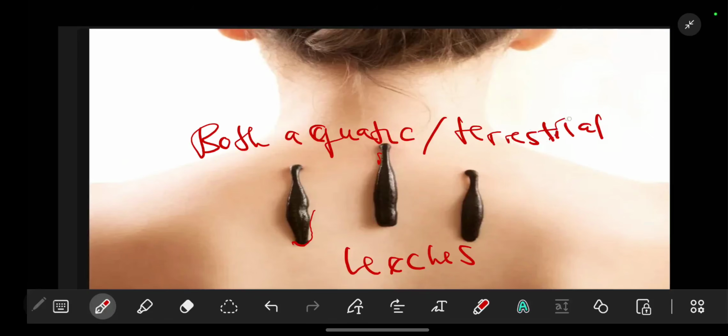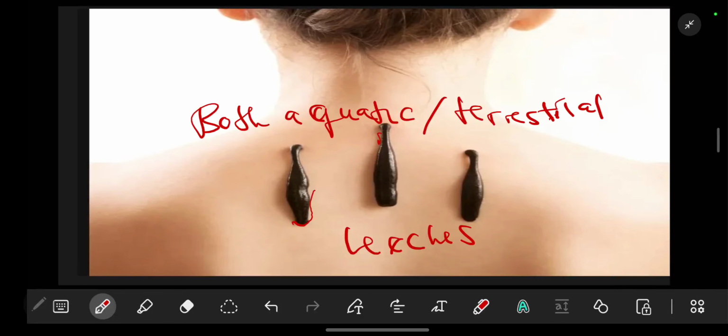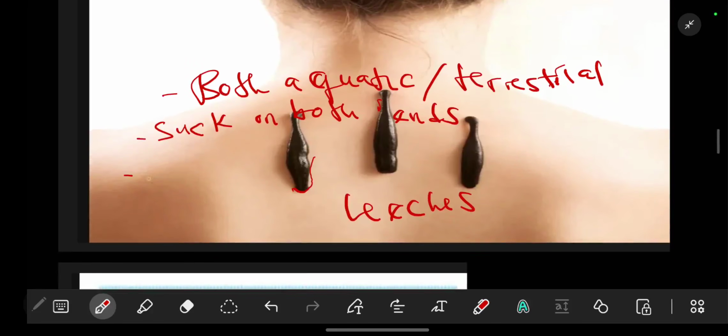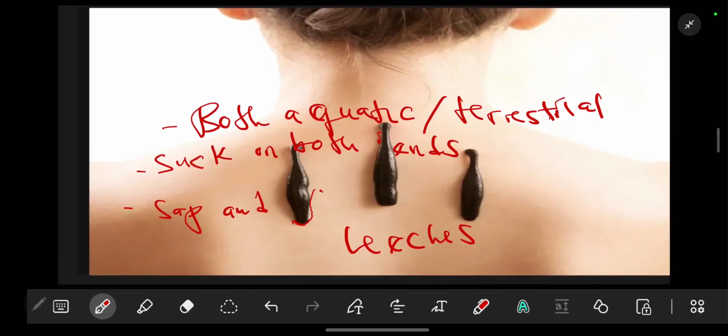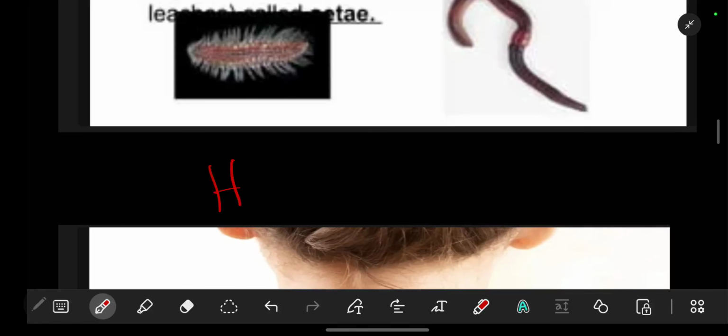The other thing is that they suck on both ends. They are able to suck blood on both ends. They feed on both sap and blood. So those are some of the characteristics of Hirudinea.